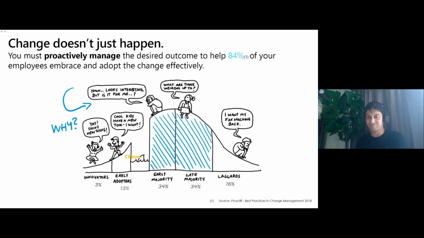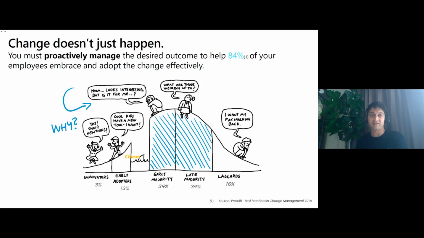And there's enough research again to show that typically around 84% of your end users are going to eventually get used to the new ways of working, right? There will still be 15-16% who are laggards, who will push back, resist, and we have other strategies and approaches to tackle those, right?